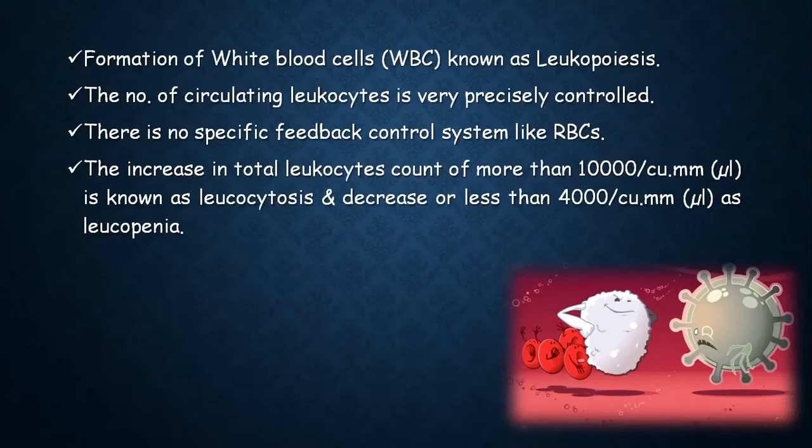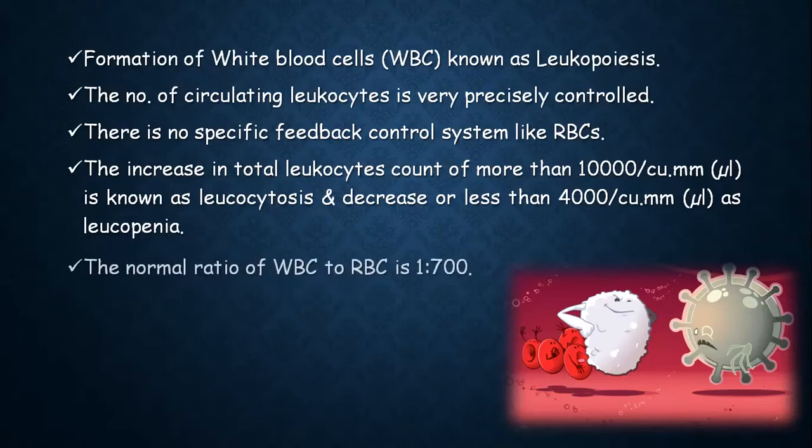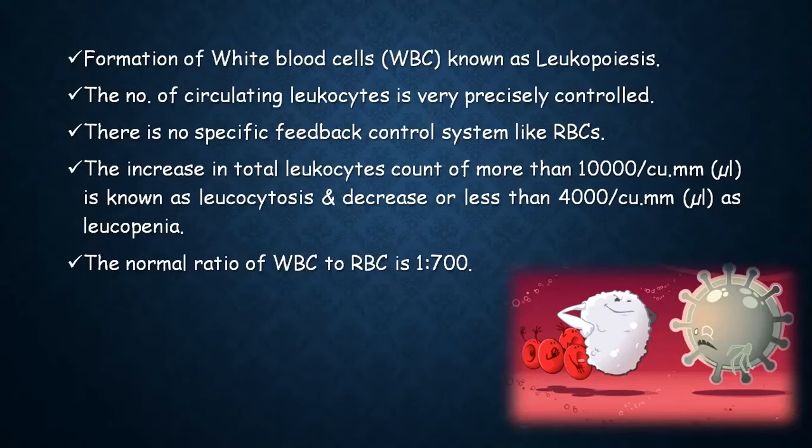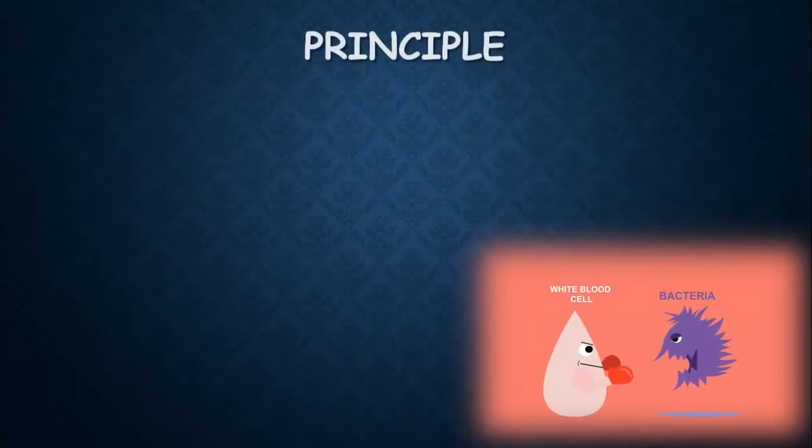An increase in the total leukocyte count of more than 10,000 per cubic millimeter or microliter is known as leukocytosis, and a decrease to less than 4,000 per cubic millimeter or microliter is known as leukopenia. The normal ratio of WBC to RBC is 1:700.